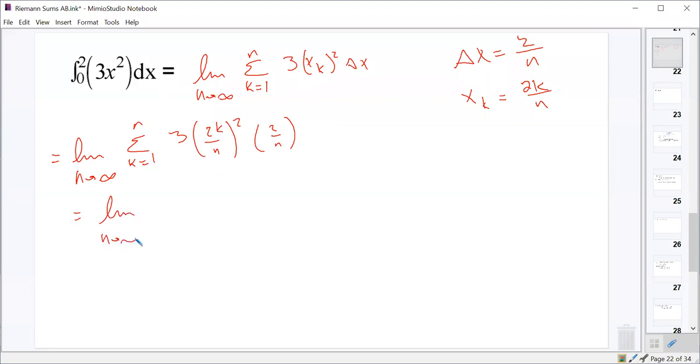And we end up with a limit as n approaches infinity of, let's see, 4 times 2 is 8, times 3 is 24, k squared over n cubed. And now we have to, oops, I forgot my summation. Now we have to remember, I gave you guys a formula for k squared. What was the formula for k squared?